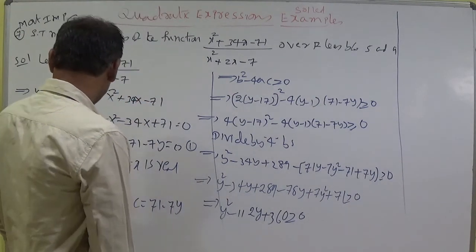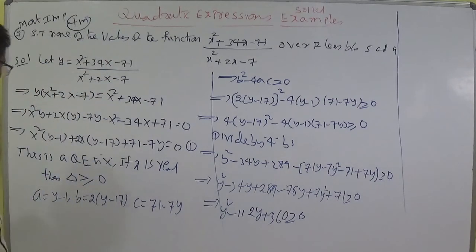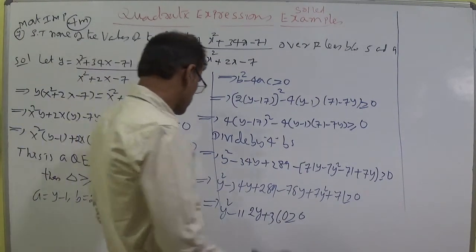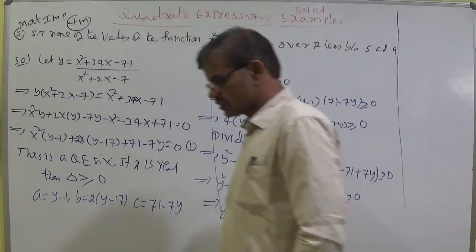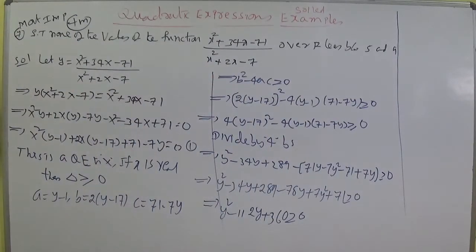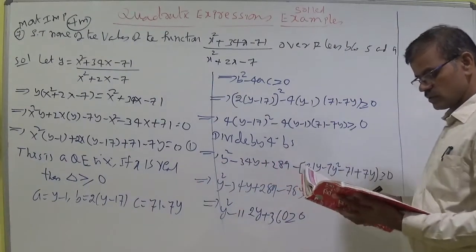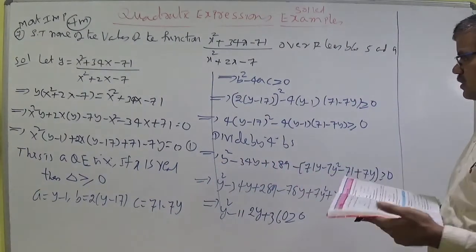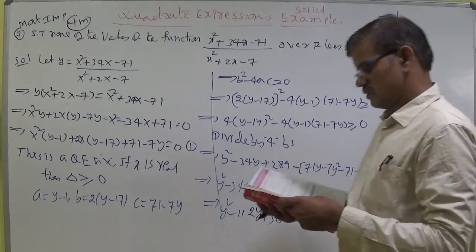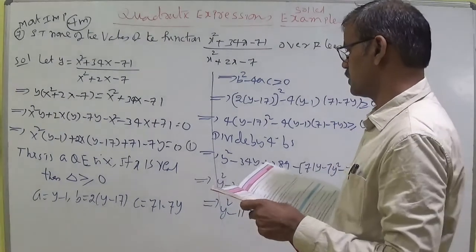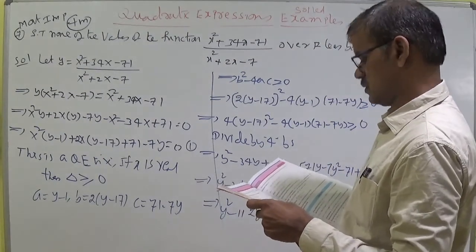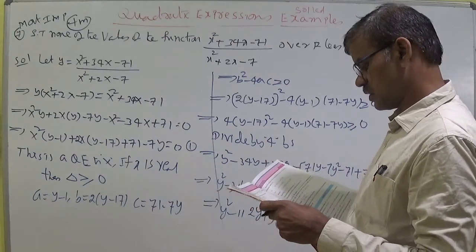There are no factors. Once again, we should verify that everything is okay. Let us verify this one: y minus 1 into x square plus 2y minus 34. Yes, it is okay.